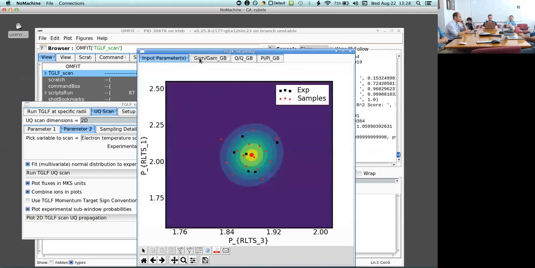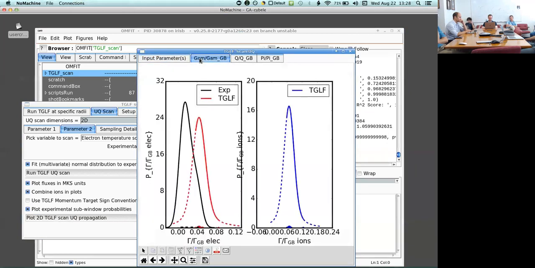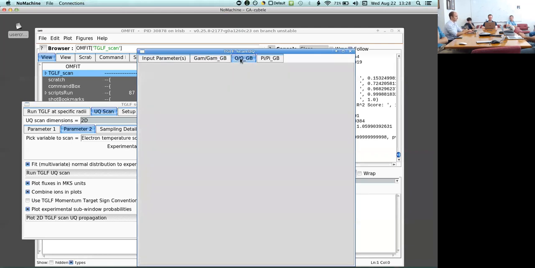After doing the simulations, we can compare and see how the experiment versus TGLF results look. For instance, here, compared to the 1D scan, the uncertainty in the TGLF is now larger, mainly because we have two uncertain parameters here, but we still see some overlap and some overestimation of the probability distribution in the particle flux.